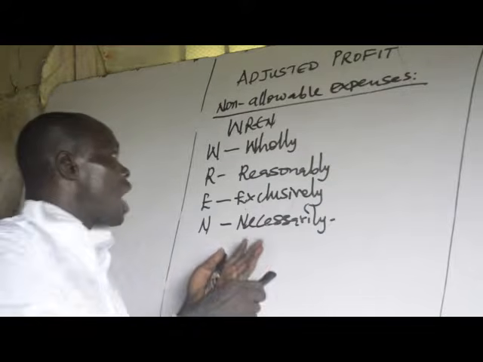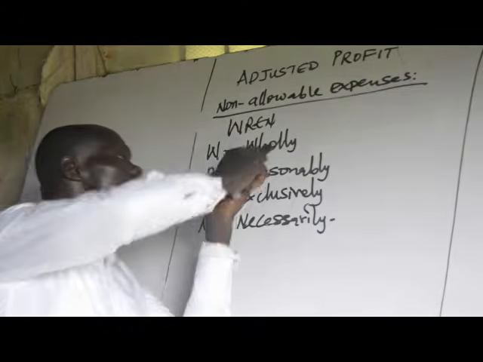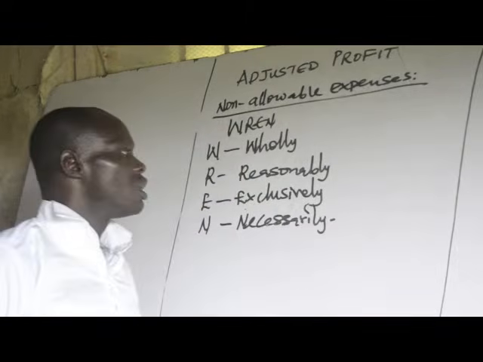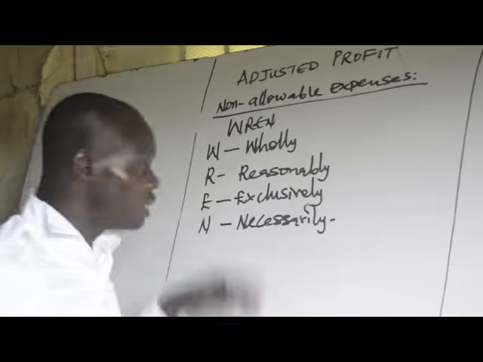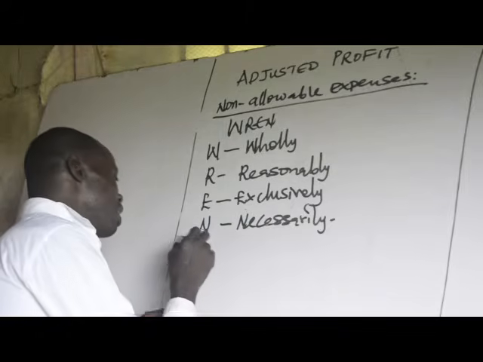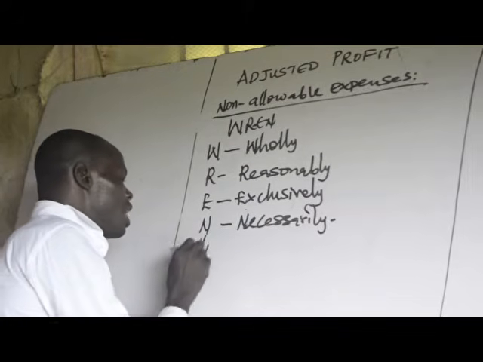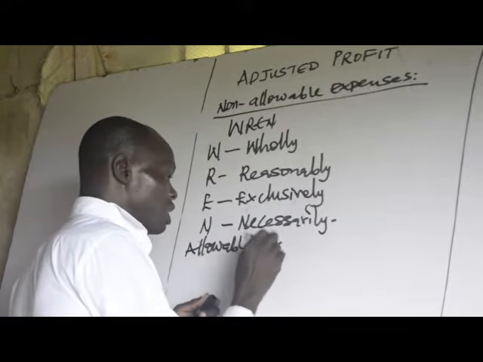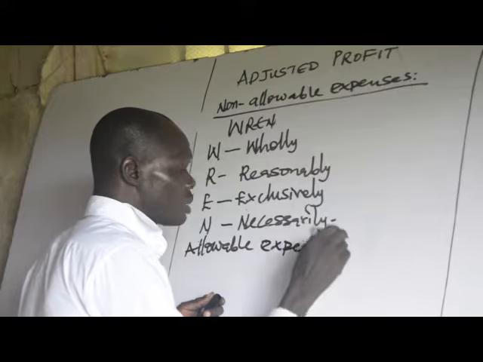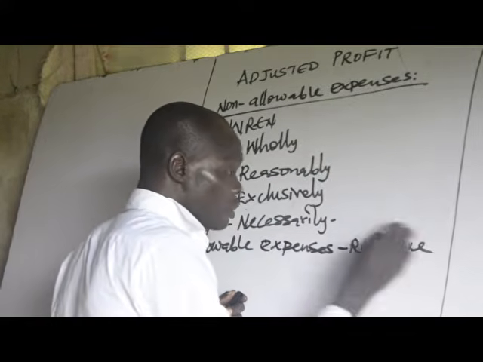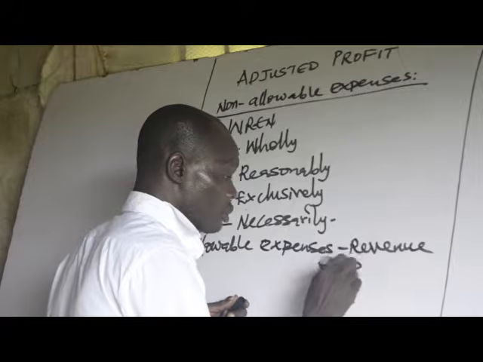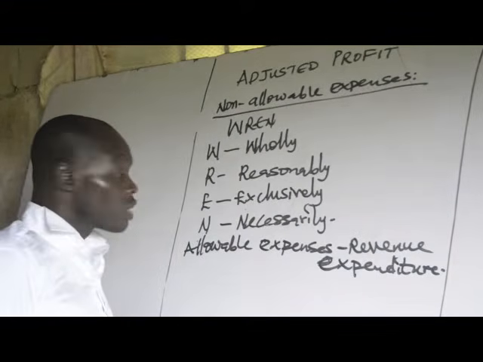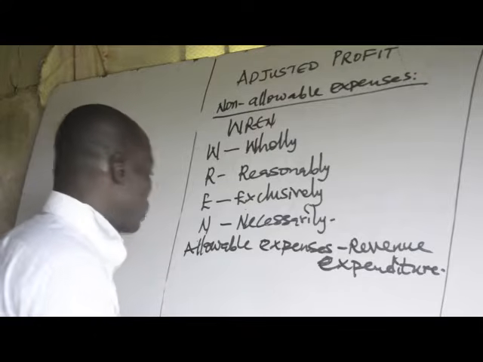Meaning that allowable expenses are usually revenue expenditure. Capital expenditure is not allowable for tax purpose.